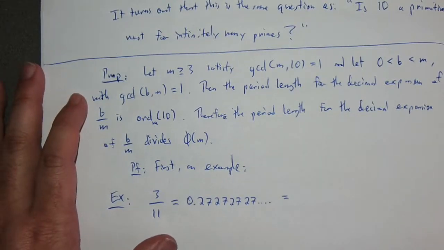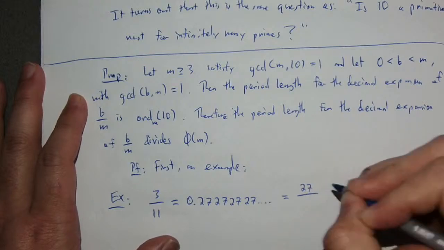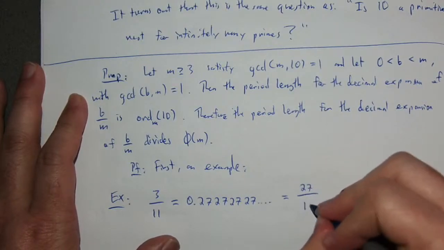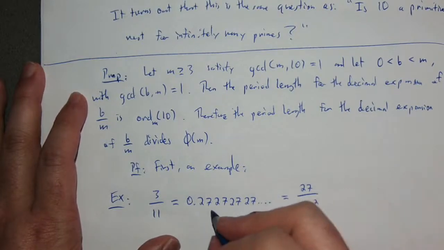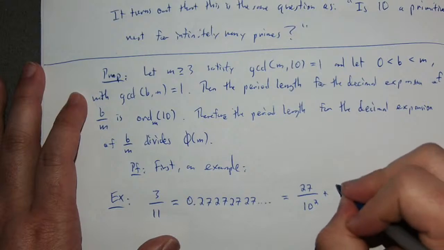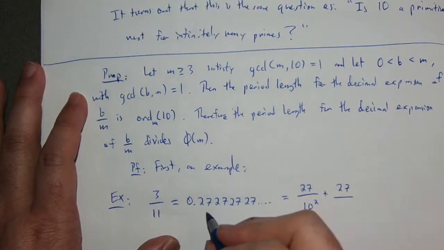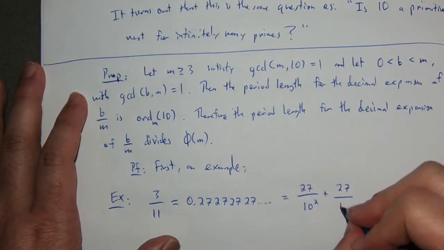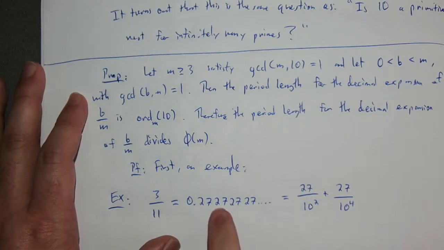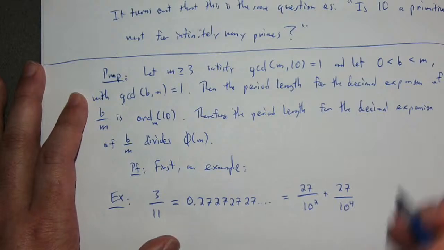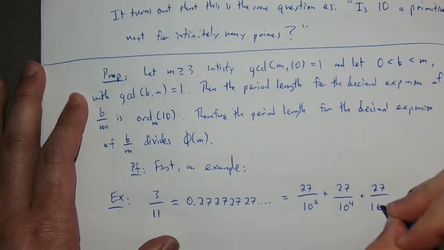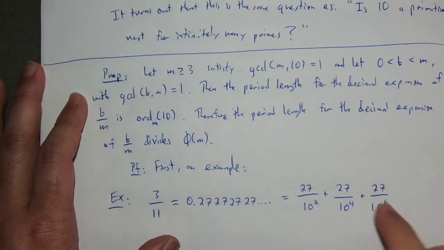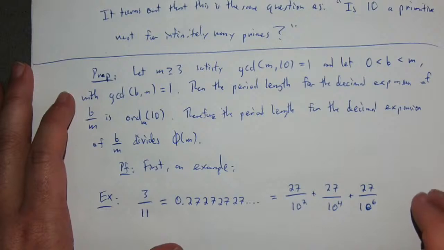So another way to rewrite this, of course, is 27 over 10 squared. That gives me 0.27 and then a bunch of zeros. So I need the next block of 27s. So that's 27 over 10 to the 4th, which will get me this second block of 27. And then the third block of 27 comes from 27 over 10 to the 6th. Right?